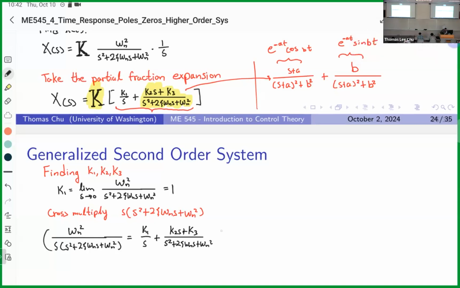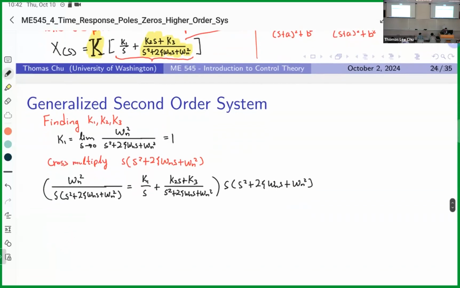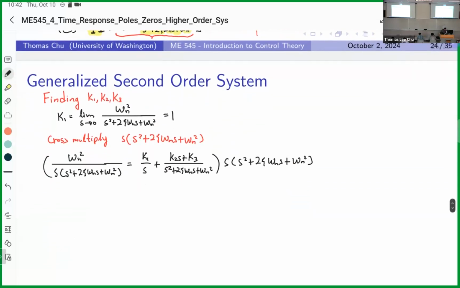So let's multiply everything by s times s squared plus 2 zeta omega n s plus omega n squared. That'll be more clear.